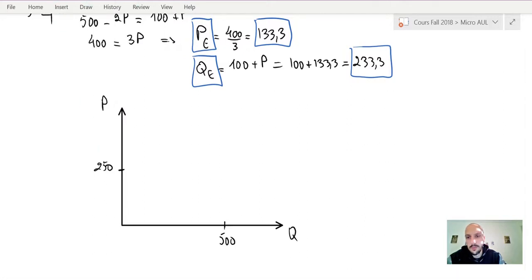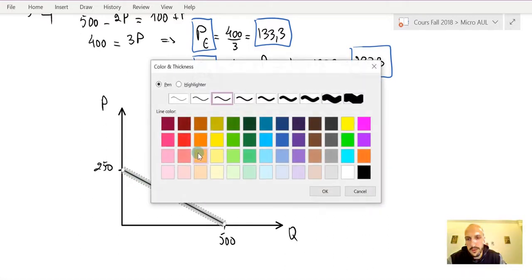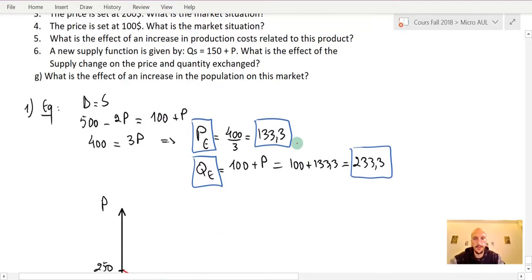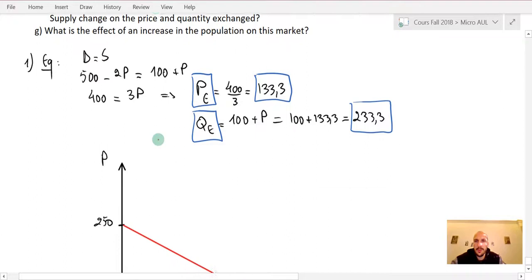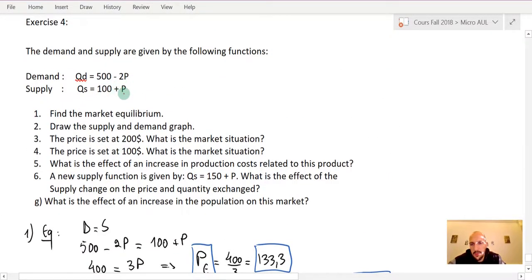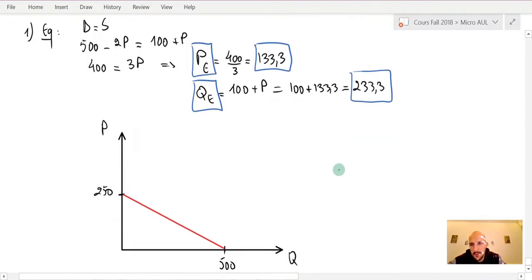We are not doing it very precisely. We will draw it in red. So this is our demand. Great. And the supply is 100 plus P, so for price equal 0, quantity is 100.